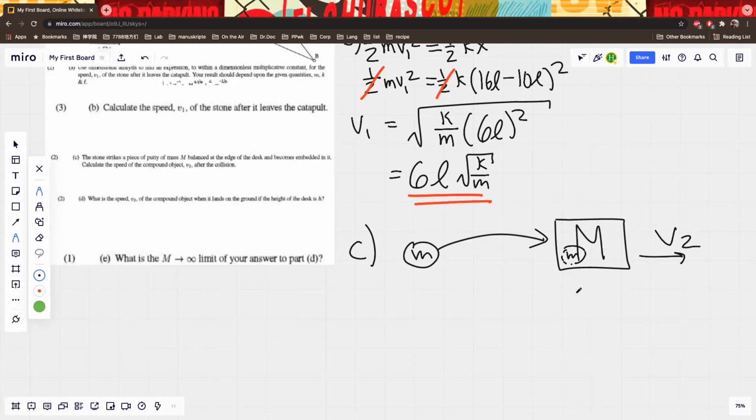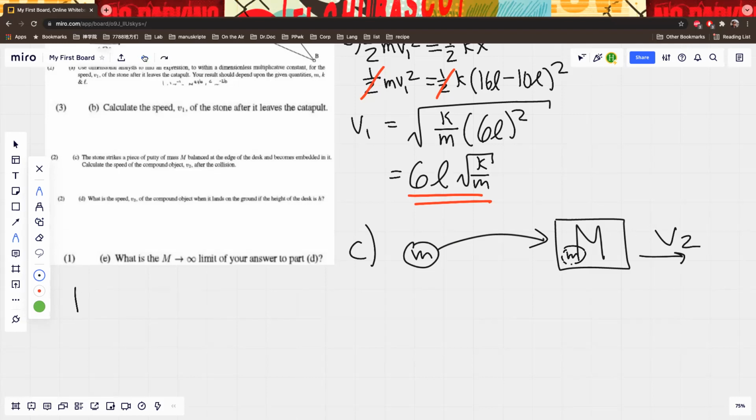Right. So I guess using momentum is a good idea. Yeah, because if it's inelastic, then we can't use conservation of energy. So we'll use conservation of momentum. Initially it's just the mass of the ball, and in the final state it's the ball stuck into the putty. So it's going to be an inelastic collision where they stick.